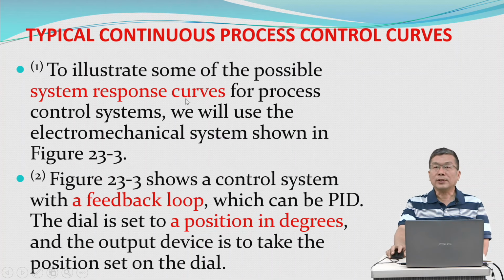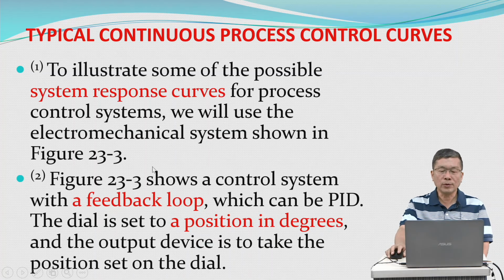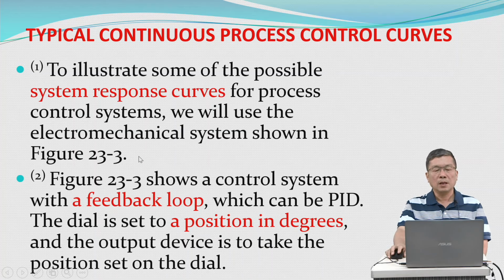To illustrate some of the possible system response curves for a process control system, we will use the electromechanical system shown in Figure 23.3. Figure 23.3 shows a control system with a feedback loop, which can be PID.